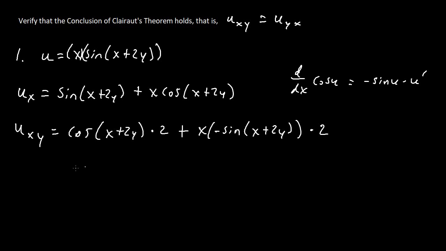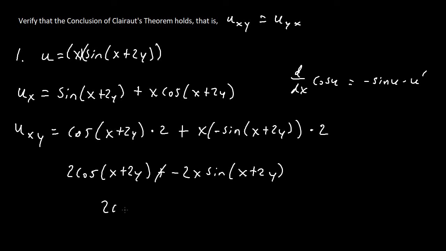So we're going to end up getting 2 times cosine of x plus 2y plus negative 2x sine of x plus 2y. And if I want to, I can go ahead and get rid of that plus. So we get 2 cosine of x plus 2y minus 2x sine of x plus 2y.